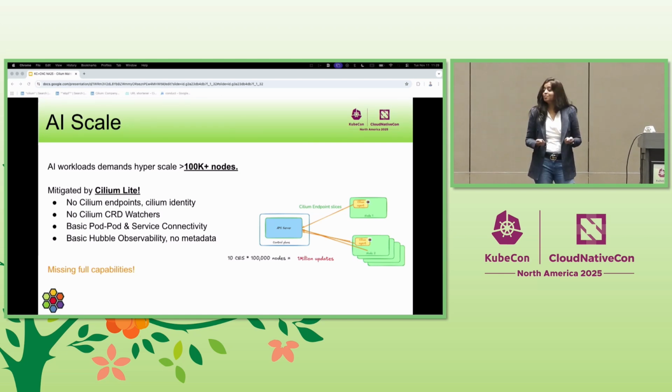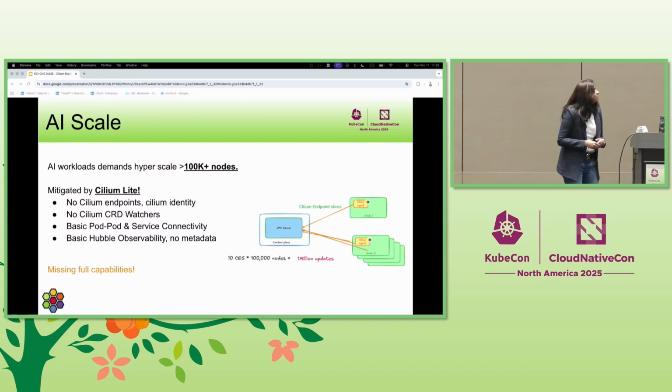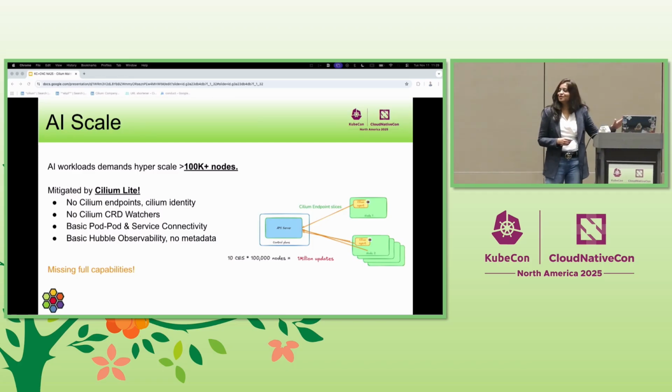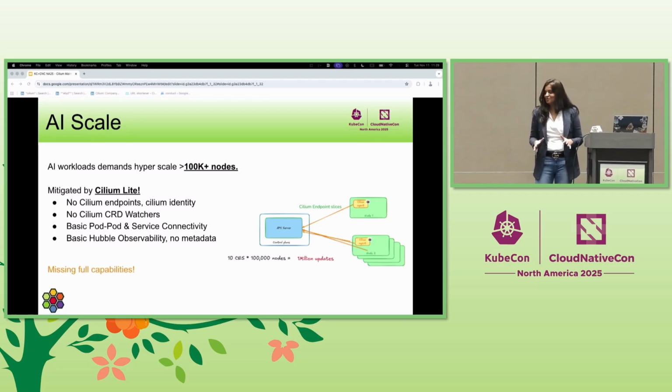It gives you basic pod-to-pod connectivity, basic service connectivity and basic Hubble observability. Because identities are missing, you can get some basic Hubble data, but you will not be able to correlate it well with your namespace, metadata, everything. So it's definitely missing the full feature capabilities Cilium is famous for.